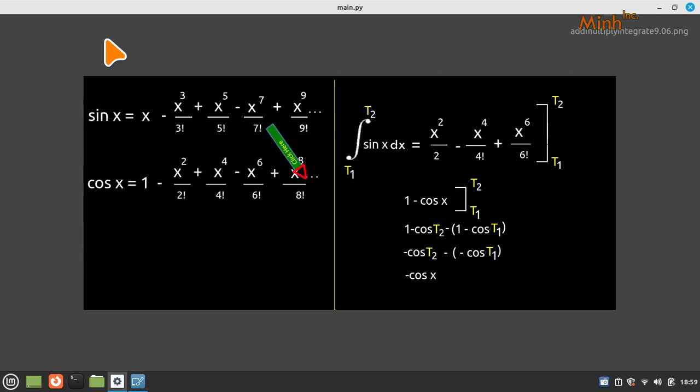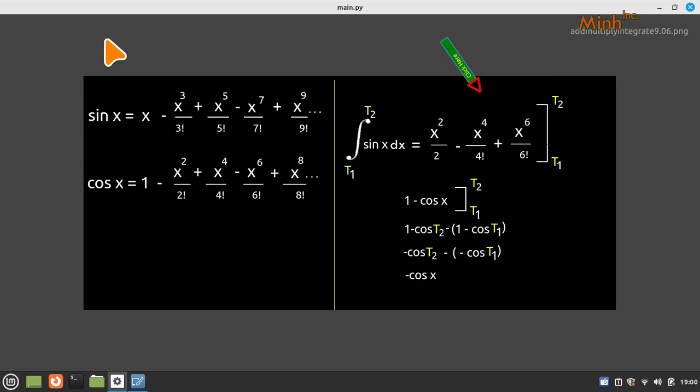Now if I integrate sin x dx from t1 to t2, we do it one by one. x would change to x squared by 2, x cubed would change to x to the power 4 by 4, and with the 3 factorial combination it becomes 4 factorial, then x to the power 6 by 6 factorial, and x to the power 8 by 8 factorial. So it becomes x squared by 2 minus x to the power 4 plus x to the power 6, evaluated from t1 to t2.